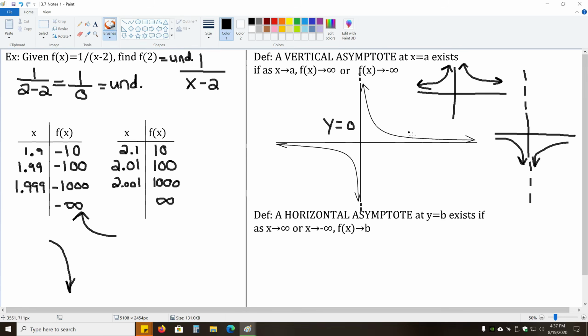And as x approaches positive infinity, the graph is approaching y equals 0, but it will never actually reach that value. Again, there are some cases of a horizontal asymptote where it can reach that value, but for this example, it does not. These lines just plateau as they approach y equals 0.